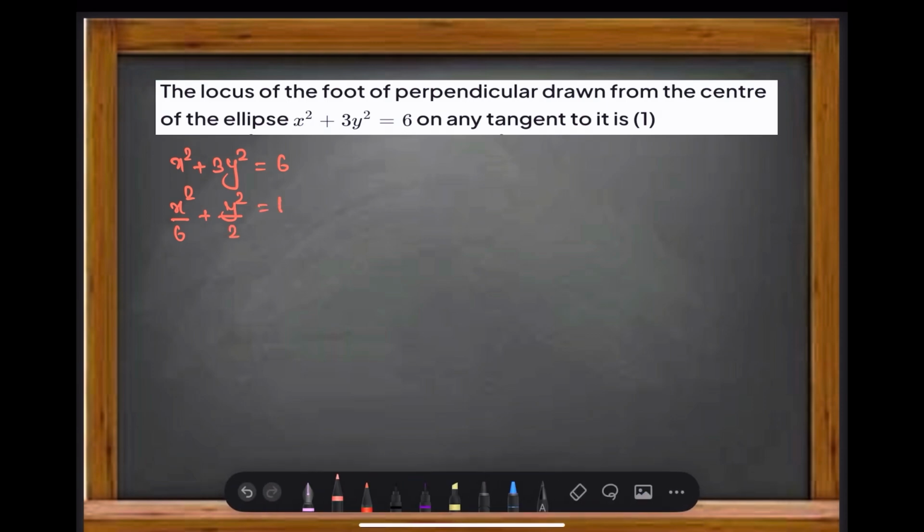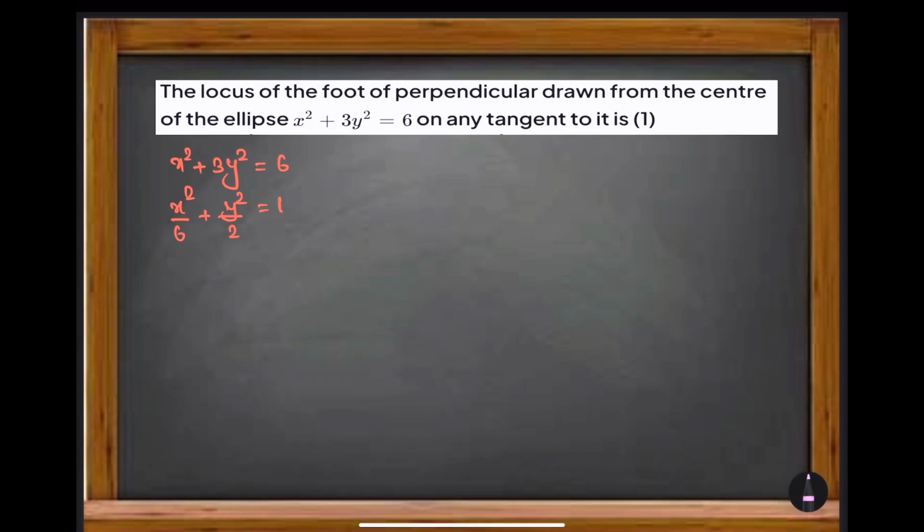Now if you remember the equation of tangent, on any tangent, so we have to write down the equation of tangent. The equation of tangent looks like y equals mx plus or minus root over a square m square plus b square.